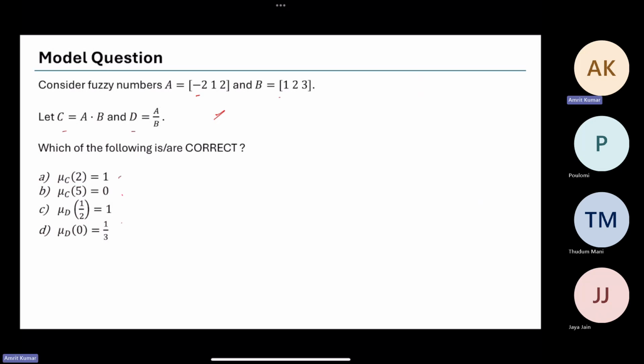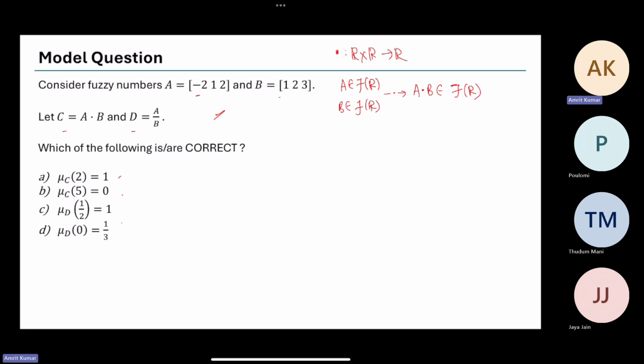Now, again, dot is an operation from R cross R to R. Give me any two real numbers, I'll multiply them and I'll give you another real number. Therefore, if I give you fuzzy sets A and B over R, after applying dot to them, I will get a fuzzy set over R again.